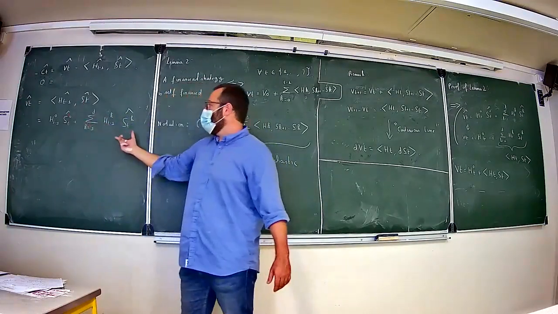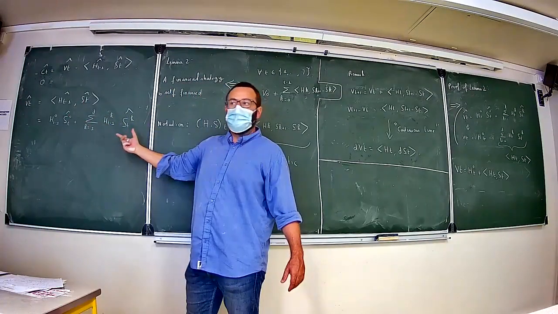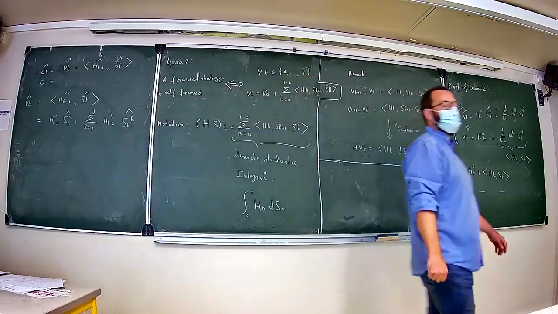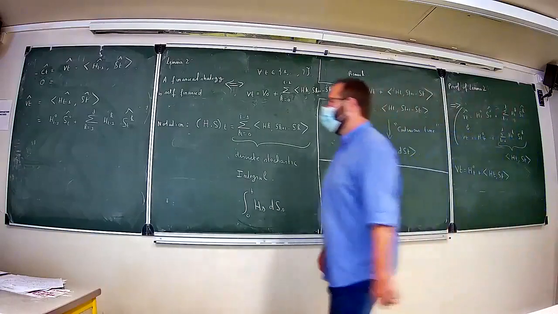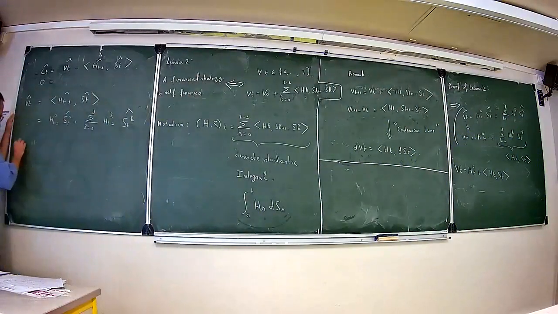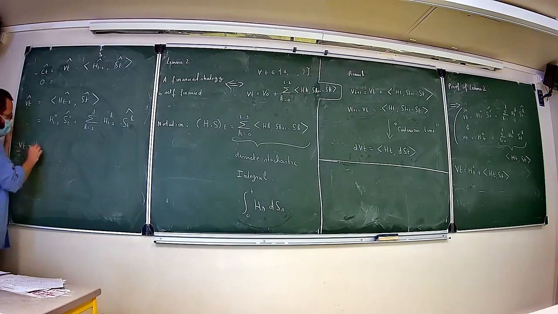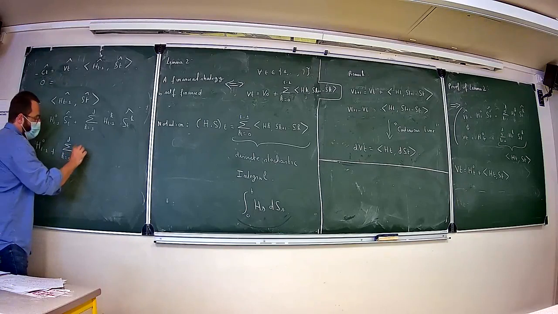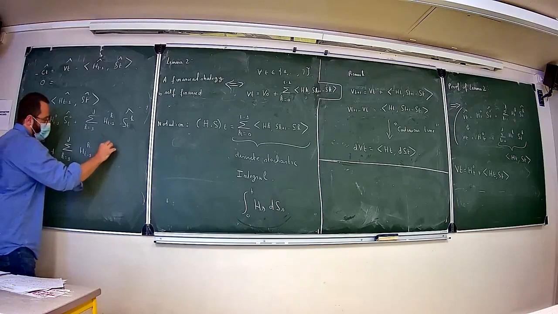If I express this one in a discounted way, that is, if I divide by the value of the non-risky asset at time t, I obtain Vt that is equal to what? H0 t minus 1 plus the sum from k equal to 1 to d of Ht minus 1 k St k.